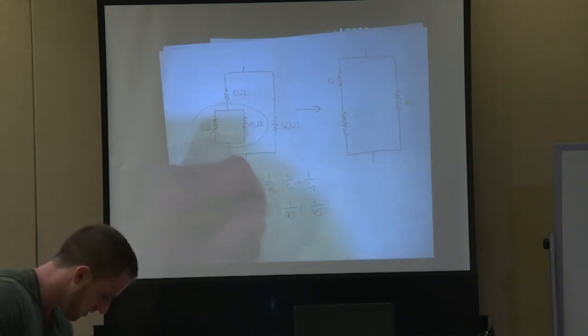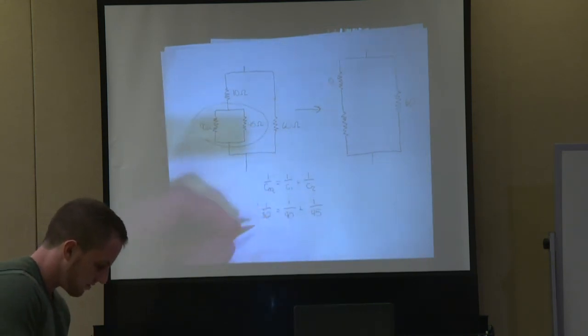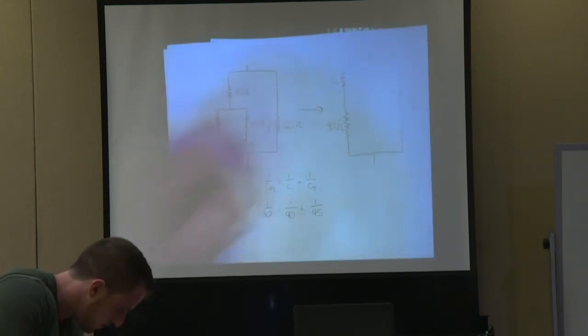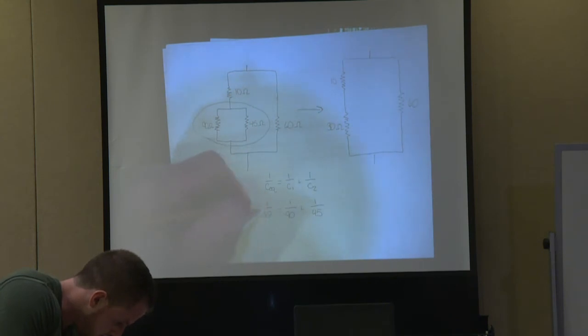Gives you 1 over 30. So we know that this is going to be 30 ohms once we take the inverse.